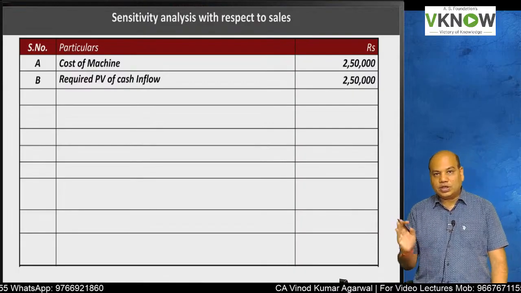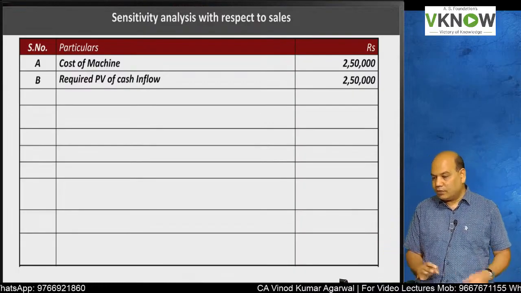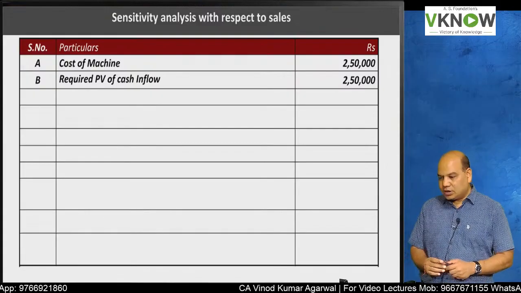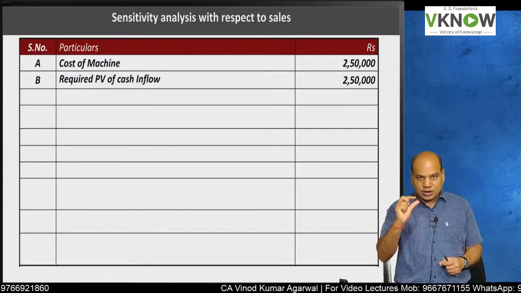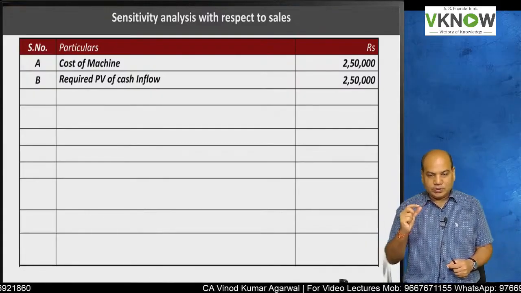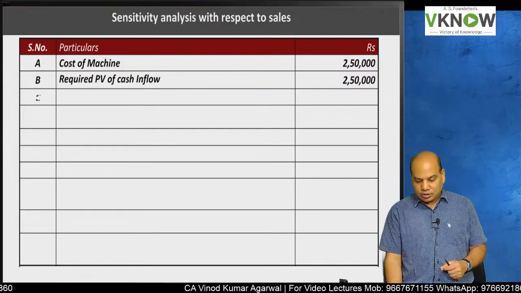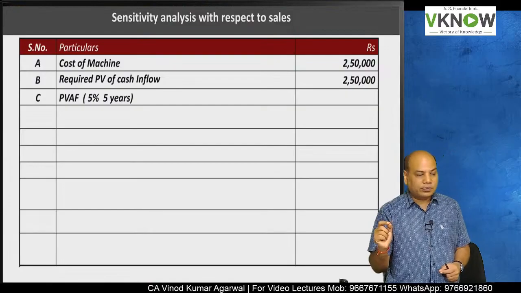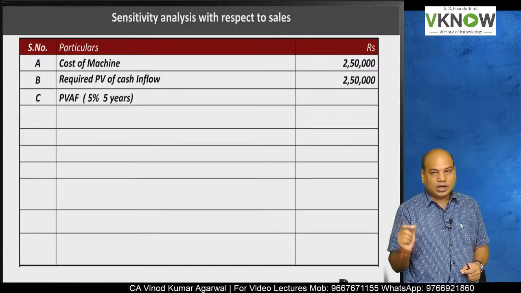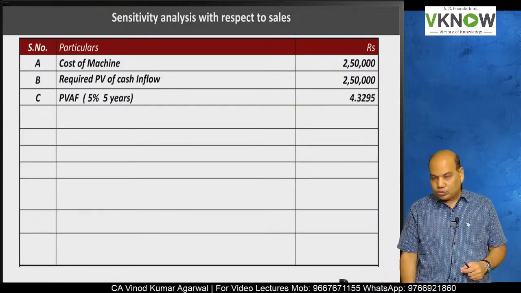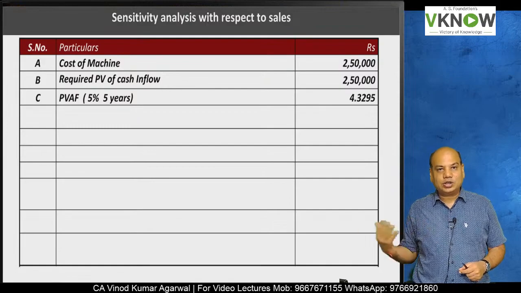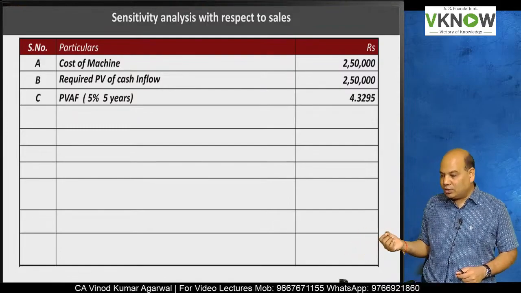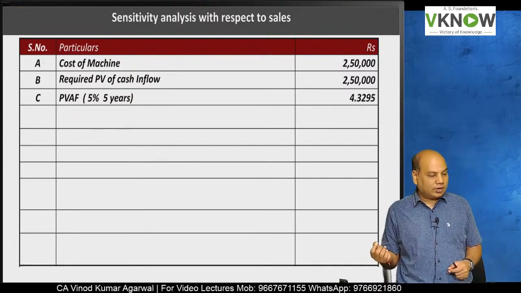Required PV of cash inflow is 2,50,000. Is this understandable? If A is equal to B and NPV is equal to 0, and to get the inflow 2,50,000, I need to divide by the annuity factor, so that I will get annual cash inflow. Write down PV annuity factor 5% 5 years.